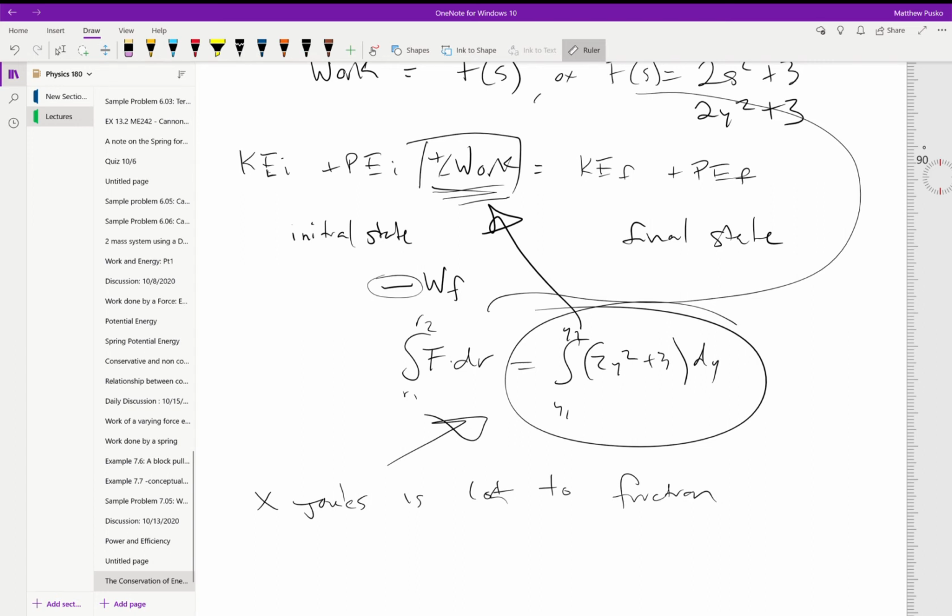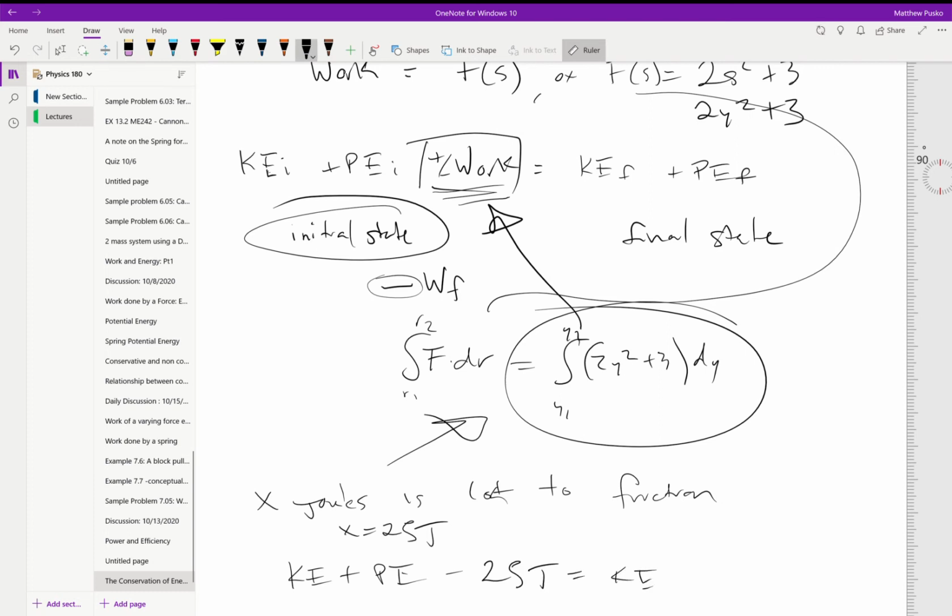It removed it from our initial state, so let's put it on our initial state side, and let's put it in as a negative. So if x joules is lost to friction, let's say x is equal to 25, just to make it a little more clear, then we'd say the kinetic energy plus the potential energy, minus 25 joules, is equal to the kinetic energy plus the potential energy. Oh, it's a mouthful. And then initial and final states.